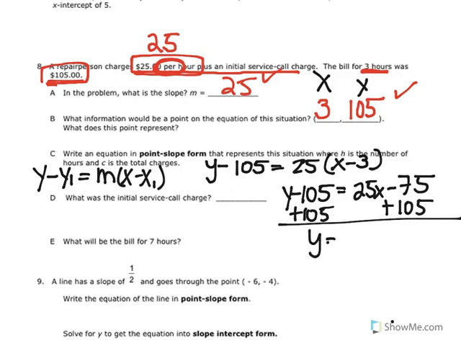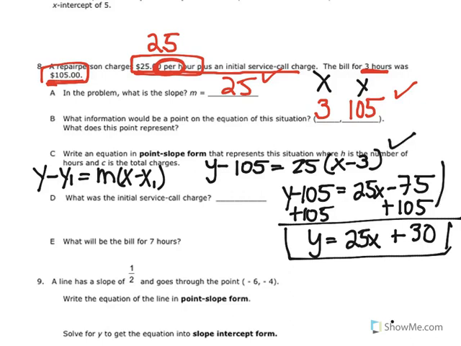And we get y equals 25x plus what? So here's the equation in slope-intercept form. We started with point-slope form and we changed it to slope-intercept form, so we can see the slope, and $30 is the starting amount, which is the y-intercept. So the initial service call is $30.